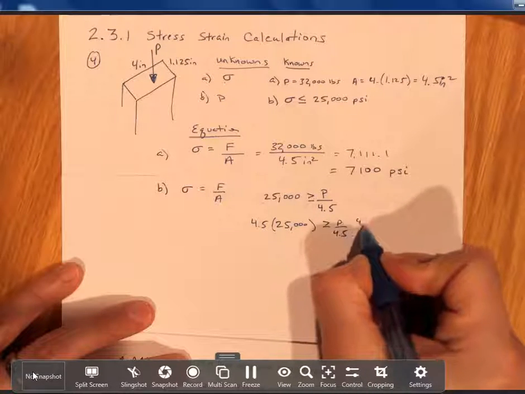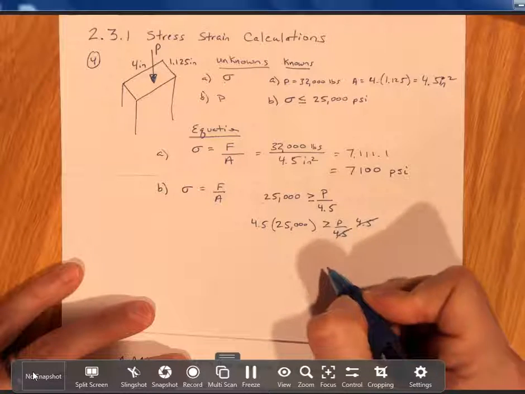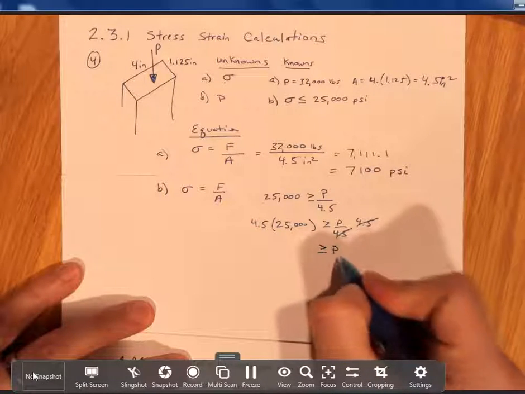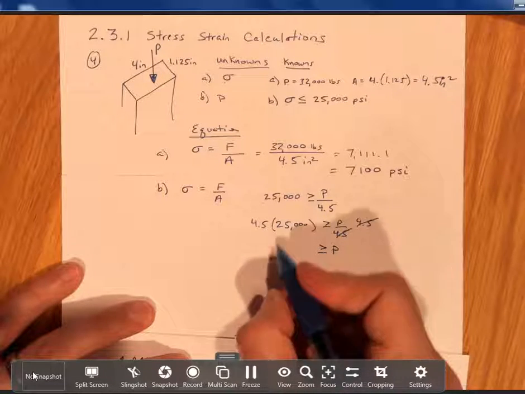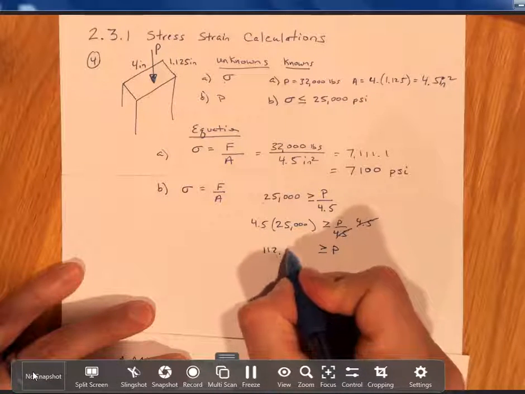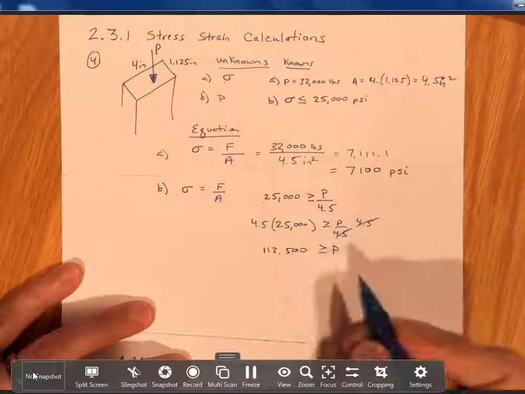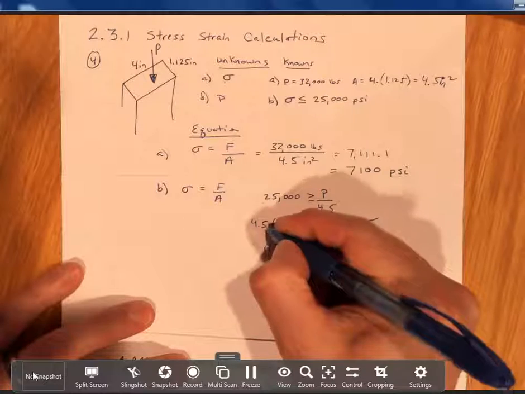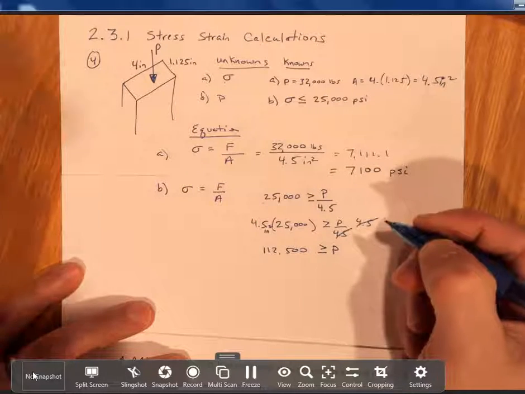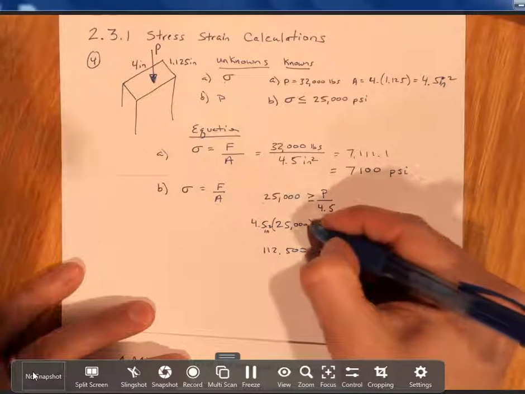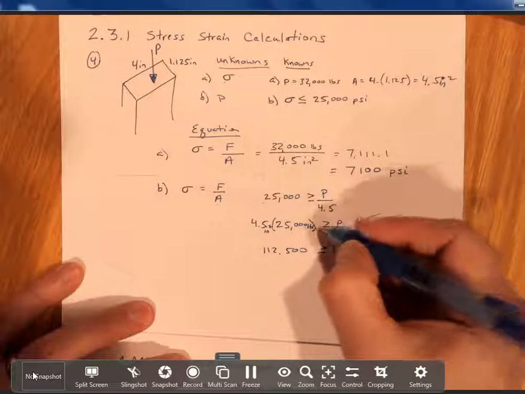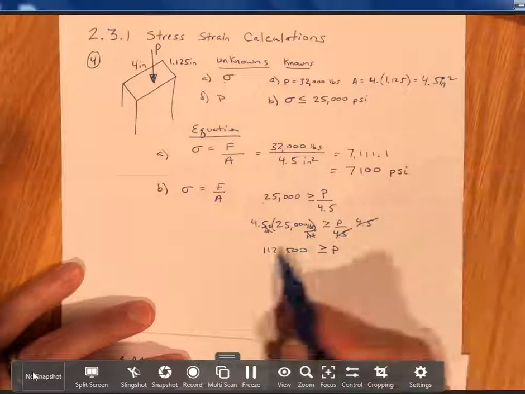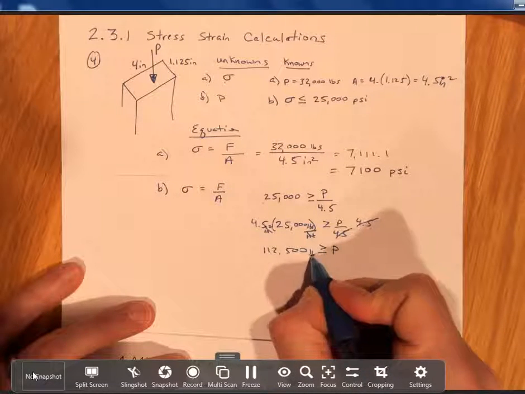By doing that, I get the 4.5 to cancel out, and I find that P, again reading from right to left, is less than or equal to 112,500, and that was inch squared, and this was PSI, pounds per inch squared. So those inch squareds are going to cancel out. We're going to be left with just pounds.